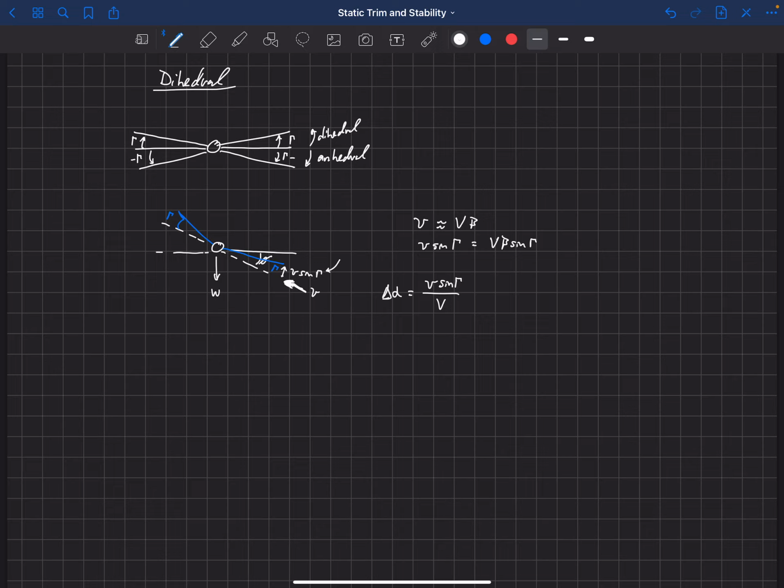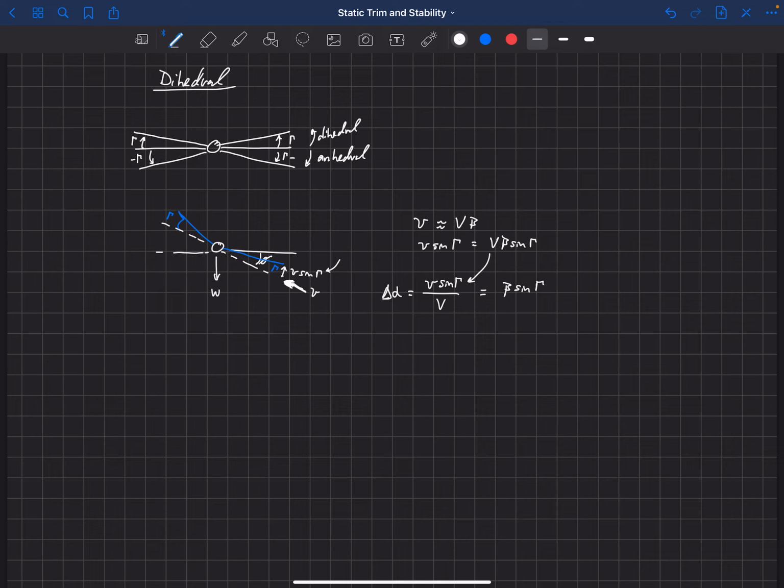Okay, so that delta alpha is little v sine gamma over capital V, and if we plug this in for the numerator there, we find that this just comes out to be beta times sine gamma.